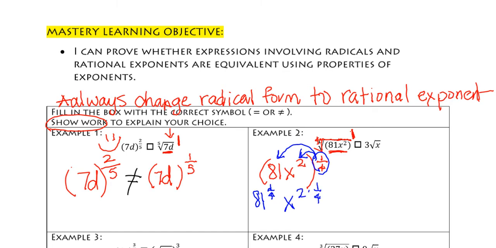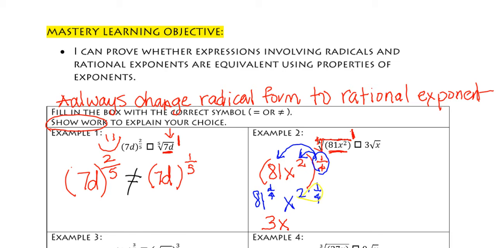Remember, a power raised to a power, you multiply them. So if you put in your calculator 81 to the 1/4 power, that is 3. And then x to the 2 times 1/4, I'm going to write this over here in yellow.